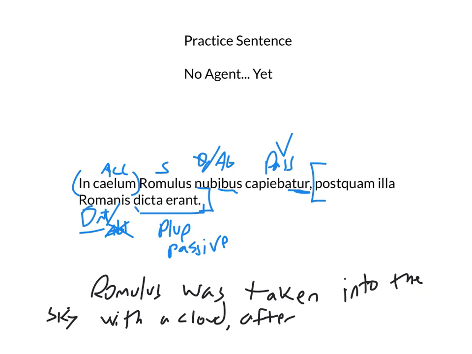And then, we forgot to reassess illa. Illa is, because of dicta erant, the a tells you that that's probably going to be your subject, right? And so you're saying, okay, well, they agree, so yeah, I can see that. And then erant being plural is telling you, oh, wow, so that can't be singular. It has to be somehow plural. That's the neuter plural.